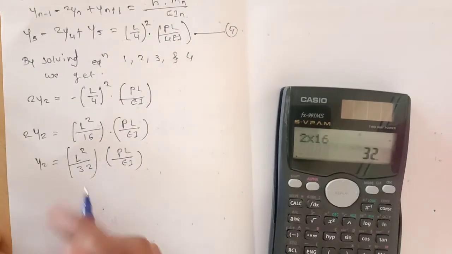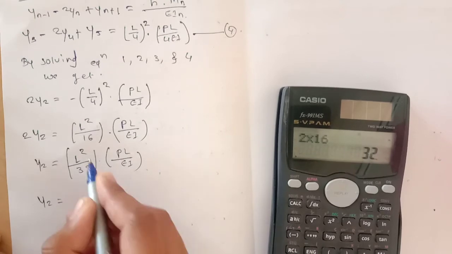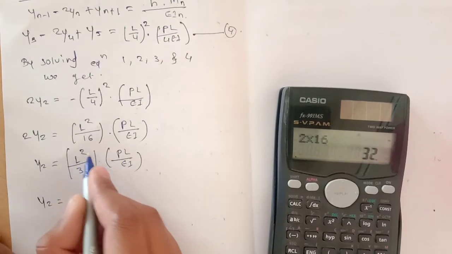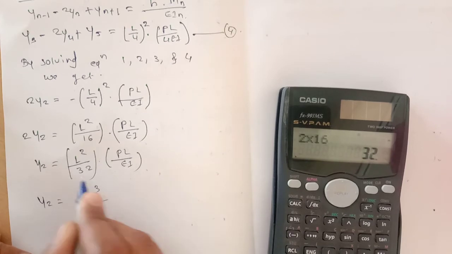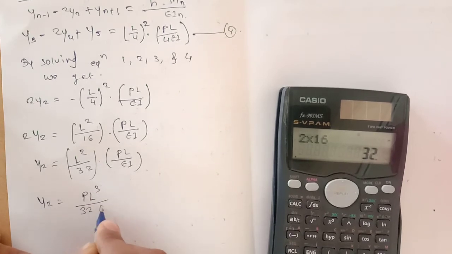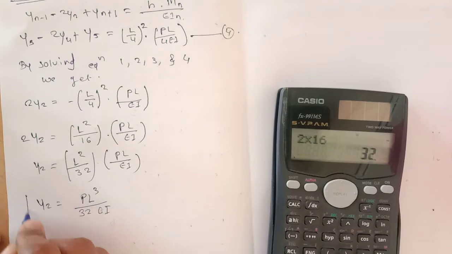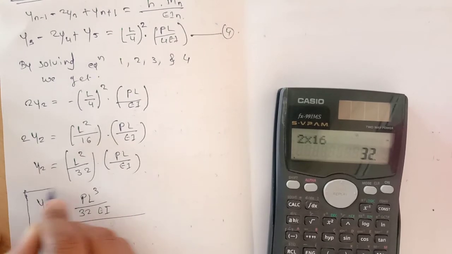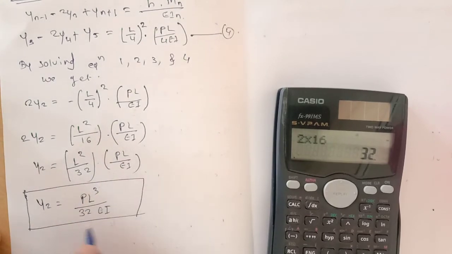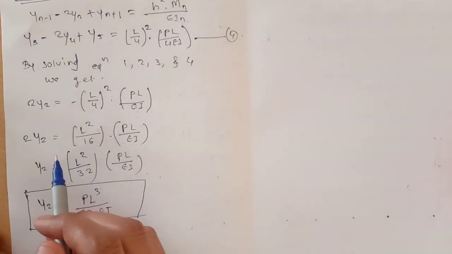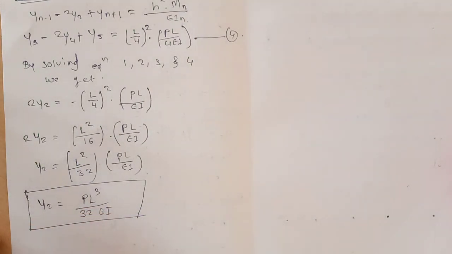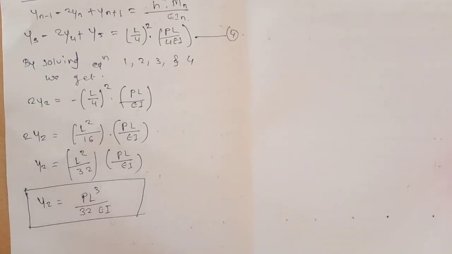And next y2 is equal to this L square plus this L, which is nothing but PL cube divided by 32 EI. This is our deflection under second nodal point. Similarly, by solving the second, third and fourth equations, we get y3, y4 and y5 values.